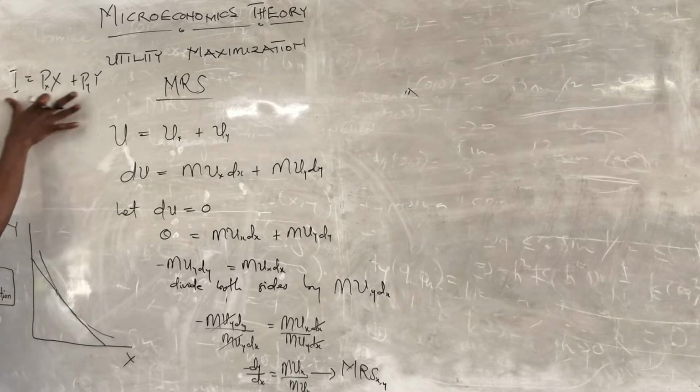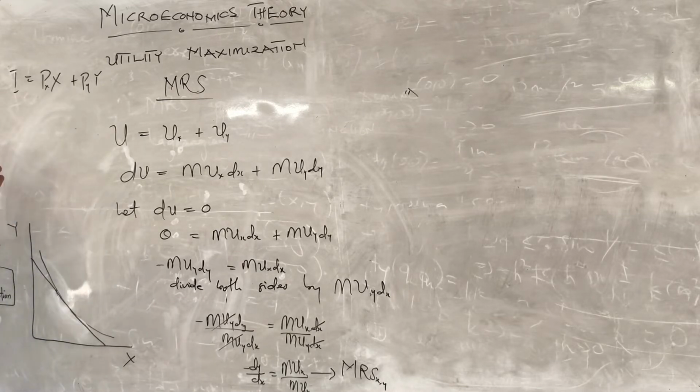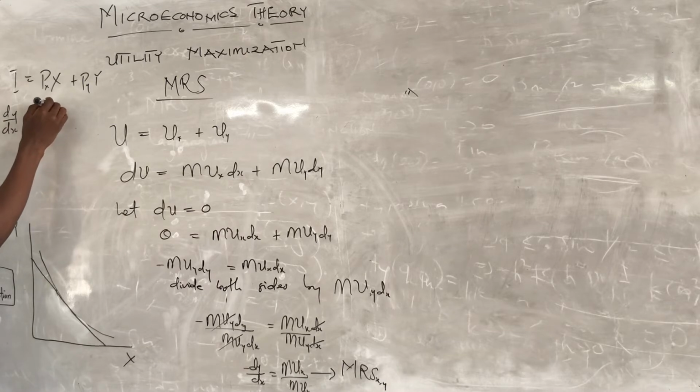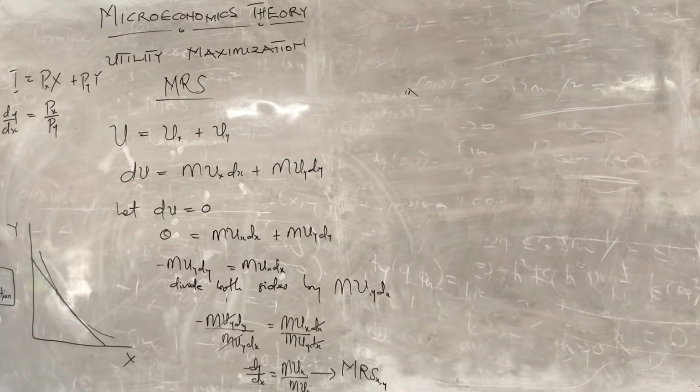Similarly, when we also differentiate this one, we'll end up getting dy/dx being equal to minus px over py. When you differentiate, you get something simple.